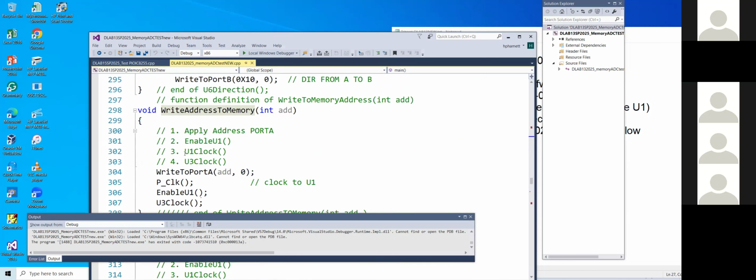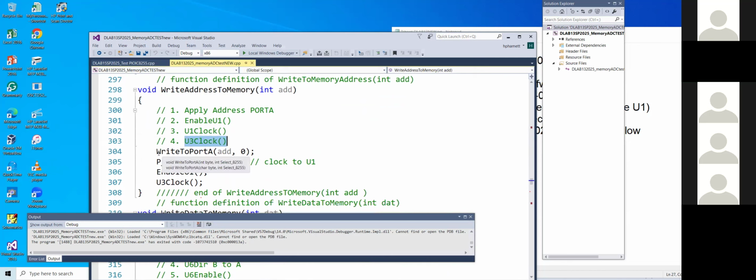Here, write address to memory. In here, I have given you, you need to write to port A. Then you need to enable U1 clock, U3 clock.